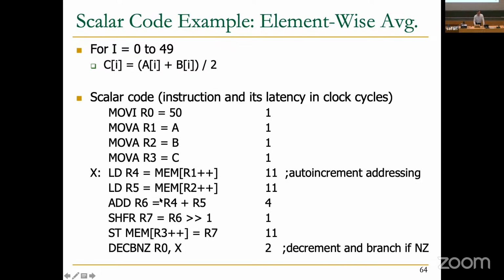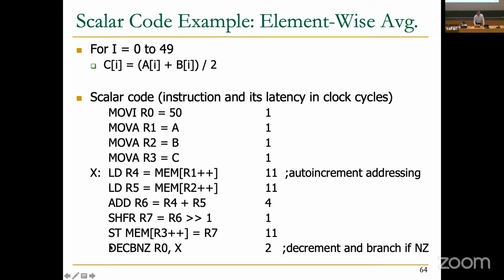This takes 4 cycles. And then there's a dependent shift. You shift it by 1, meaning divided by 2. 1 cycle, assume that. And then you store the result of the shift operation to the memory location specified by C, element 0 to begin with, and then you increment the address by 1. So that takes 11 cycles.